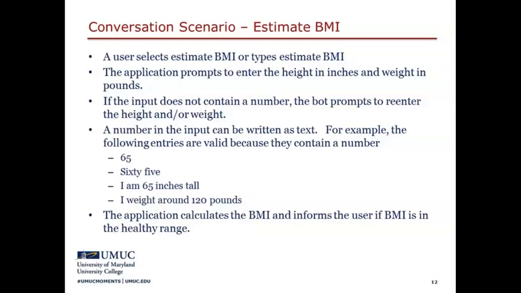Or you can say, I am 65 inches tall. It's just an example, and the bot's supposed to pick up 65, right? Or if I say I weigh around 120 pounds, it should pick that up. And then the application will calculate the BMI and inform you which range you fall under.